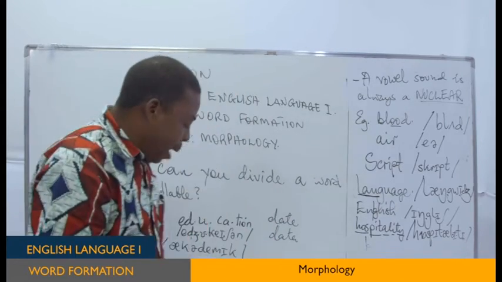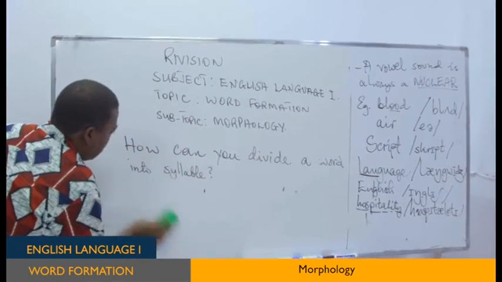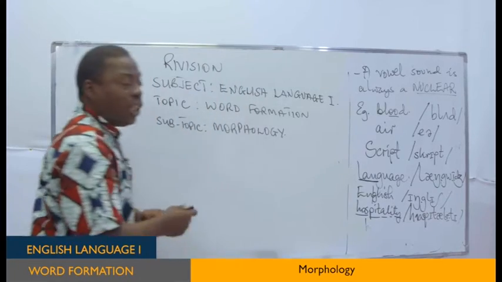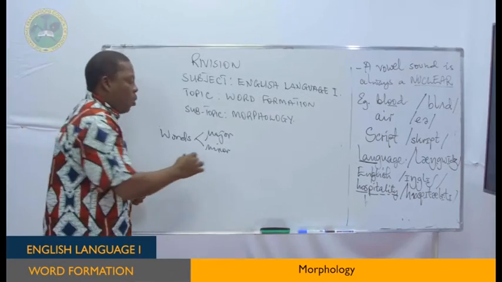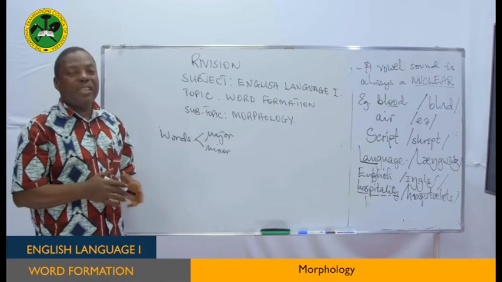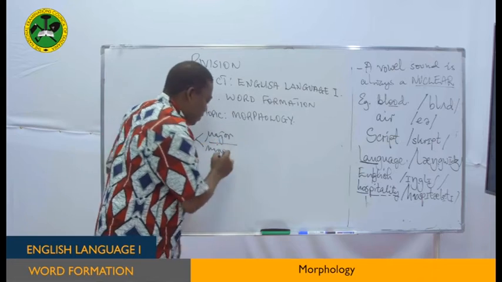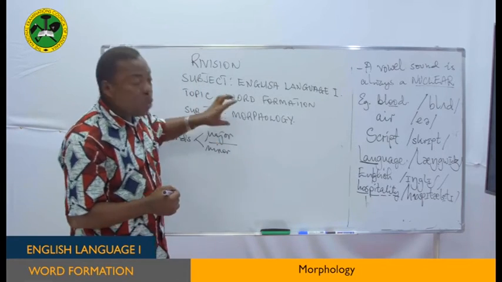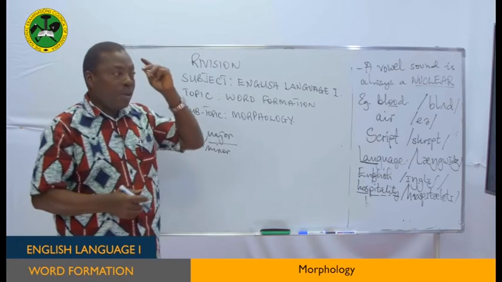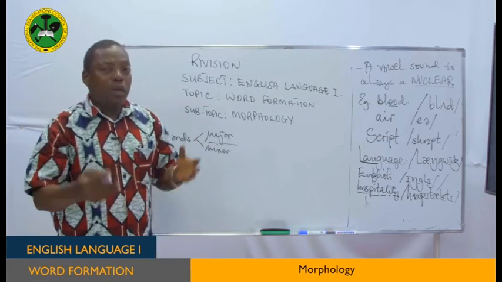Now, if I may take you a bit back, on word categories, we have major word classes and we have minor word classes. Under major word class, this is where we have those words that can accept attachment, where we can have the base, we can have the stem, and definitely, of course, we have roots.